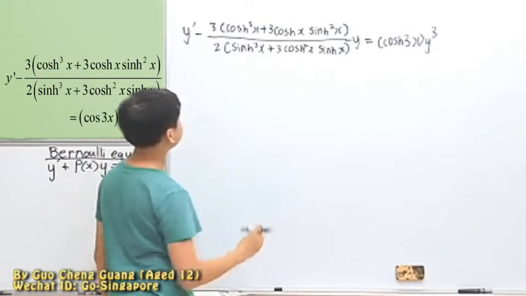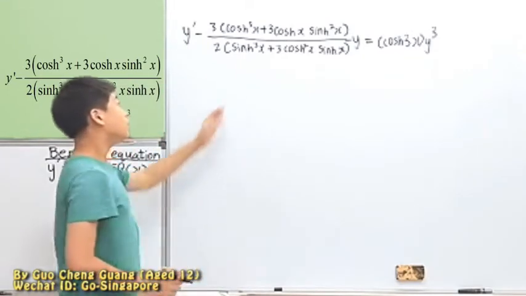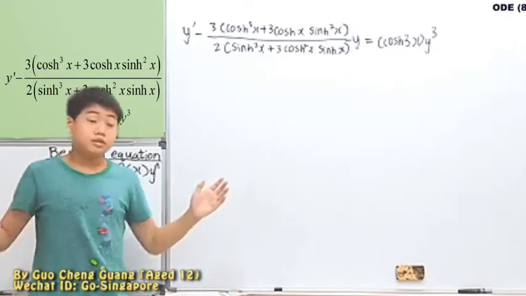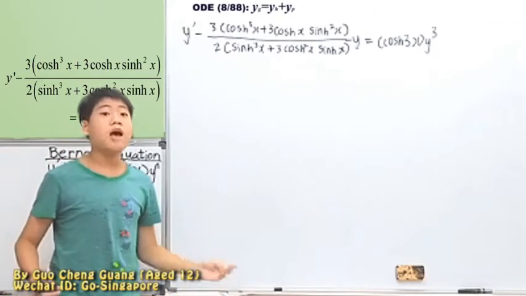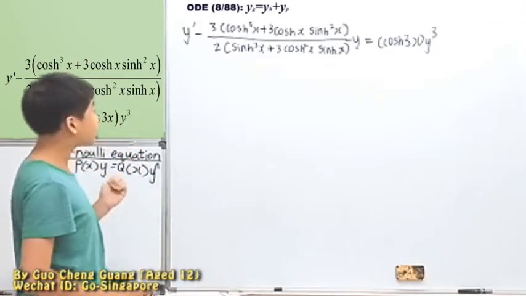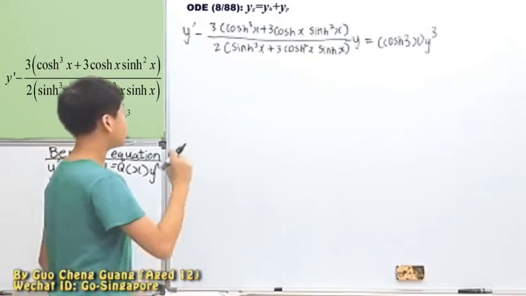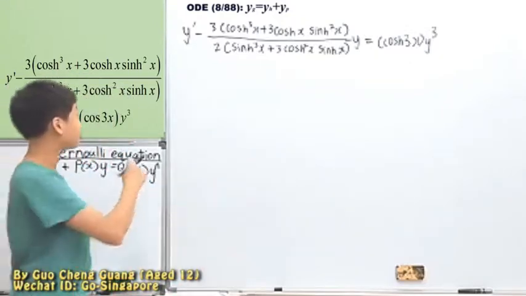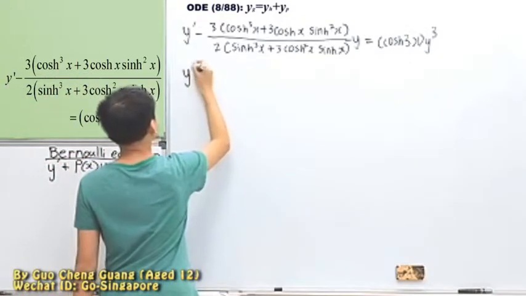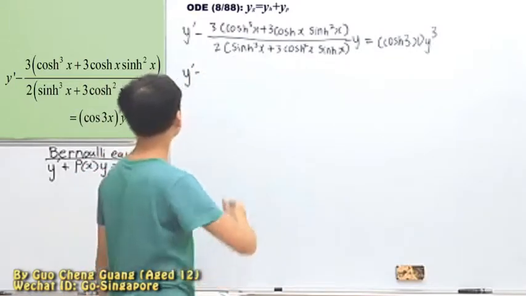Okay, then next for this part. Similar to those trigonometry, they do have identities, and we're going to use some of them today or in this lesson. So first part here.